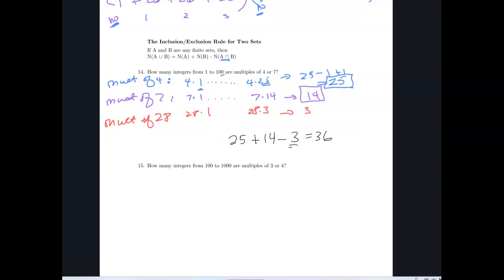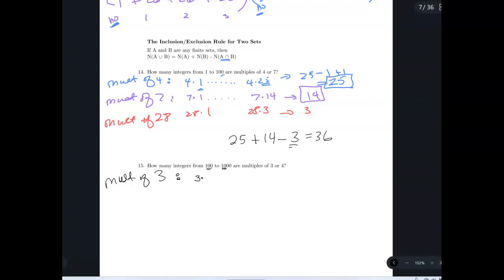Okay, so let's just do a little bit different. 100 to 1,000. Okay, so if I'm going to do multiples of 3, from 100, right? So 3 times 33 is 99.